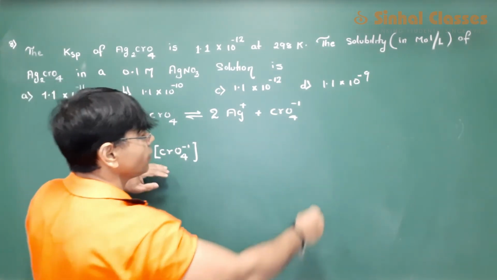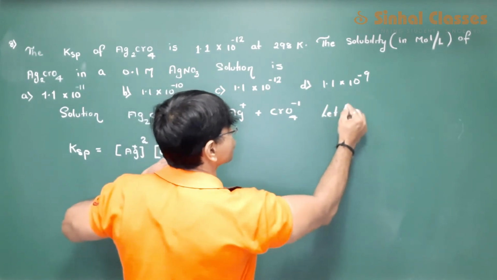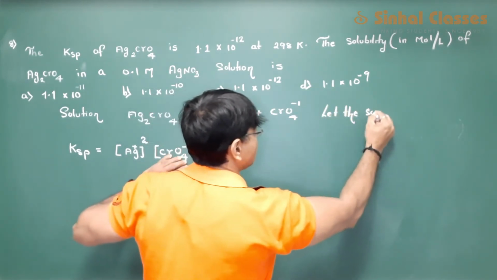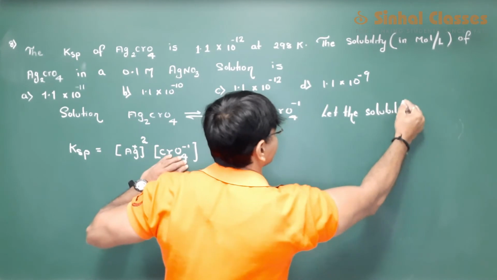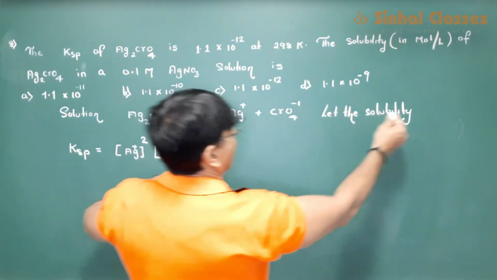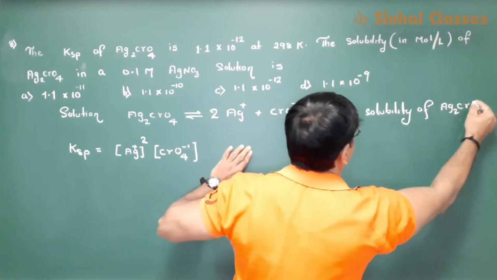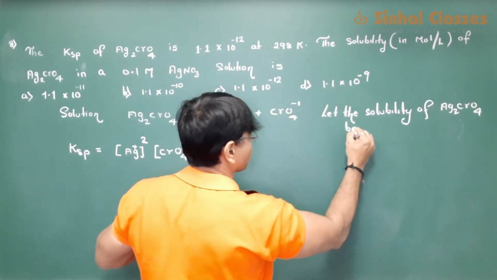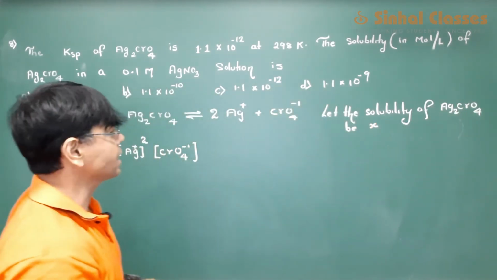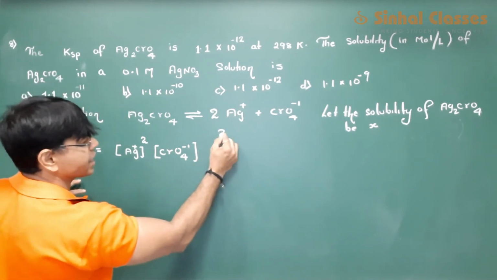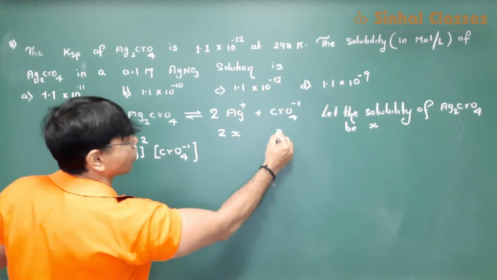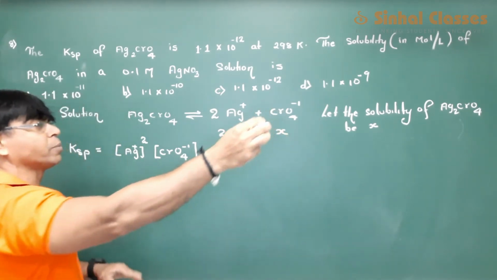Now let the solubility of Ag2CrO4 be x. Therefore in this case the silver ion will be 2x and the solubility of CrO4 2 minus will be x.